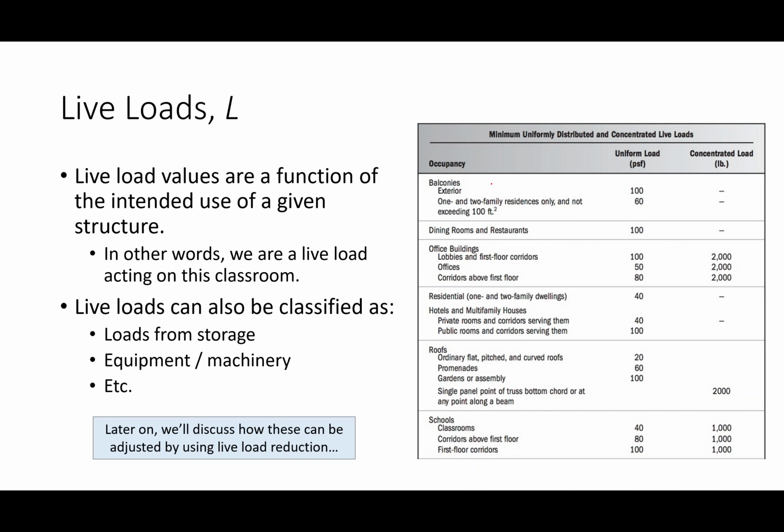Look here, we have corridors above the first floor. Why would we detail hallways to have a live load higher than 40 pounds per square foot? Why would we use 80 pounds per square foot for the hallways? There's more traffic, right? That's one reason. When class is let out, there are more people in the hallways on a per square foot basis than in the classroom.